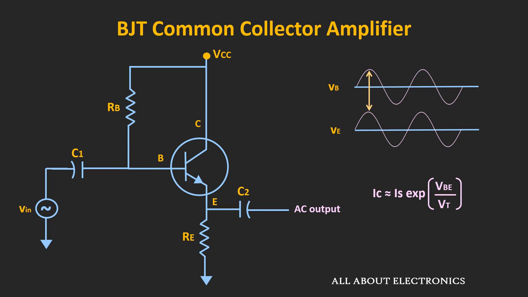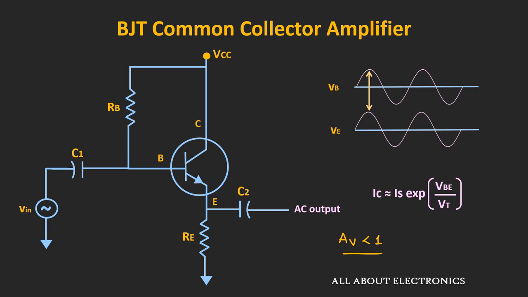And we know that the collector current IC is approximately equal to the emitter current. So the emitter current will reduce, and effectively the output voltage will reduce. So the output voltage cannot be more than the input voltage. That means in this emitter follower configuration, the voltage gain is always less than 1.